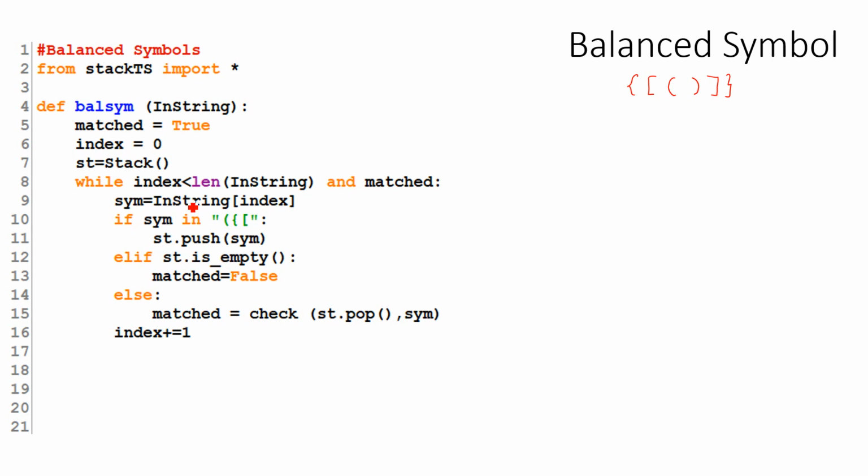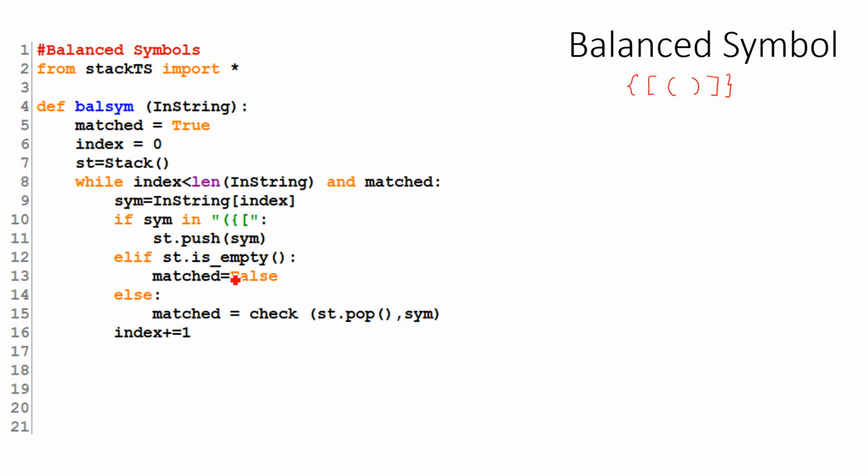The scanned character is placed into symbol. If the symbol is any of these, that is the opening parenthesis, opening curly brace, or opening square bracket, then we push it onto the stack. Please understand that. Then, if the scanned character is a closing bracket, before we pop, we ensure that the stack has content.